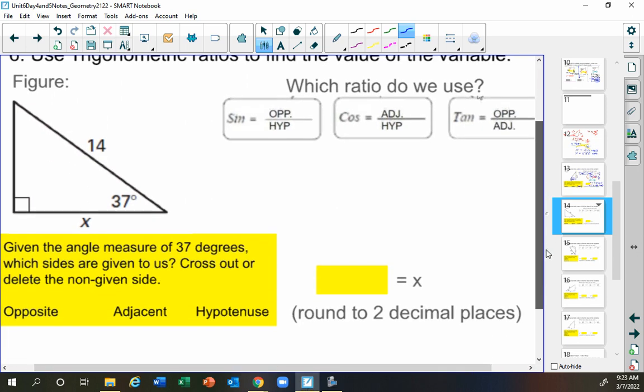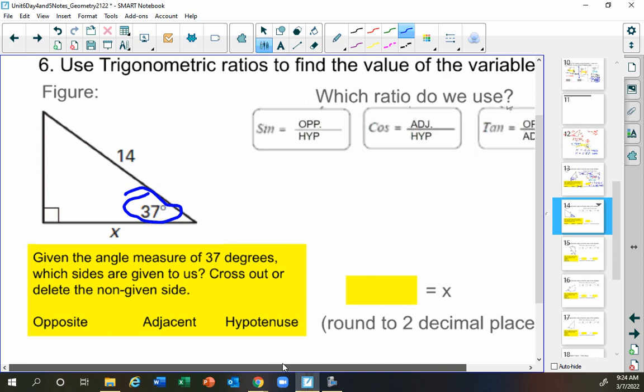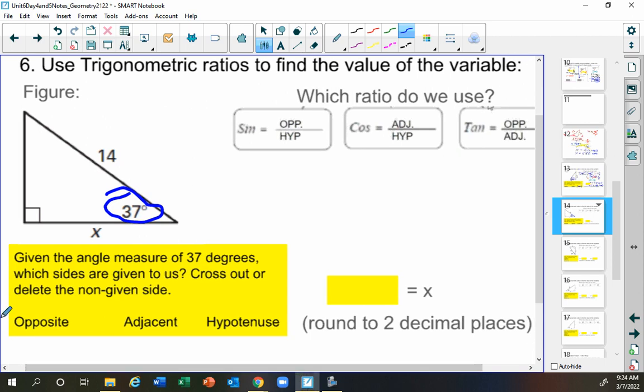All right, this one. Look at what's given to us. Here's our 37 degrees. We have to figure out which side was not given to us. Opposite was not given to us.